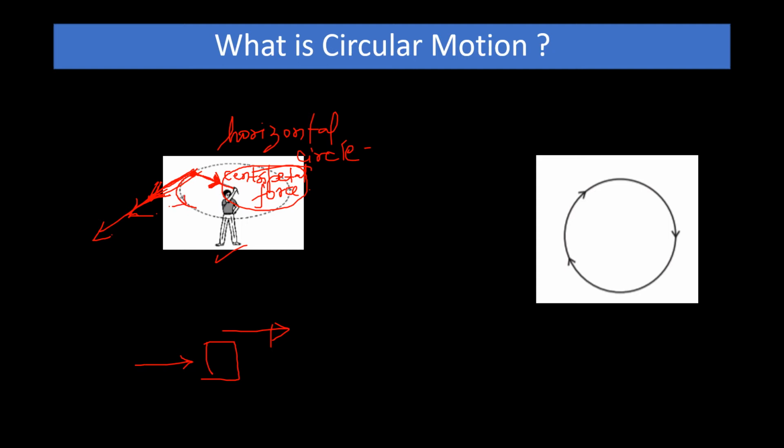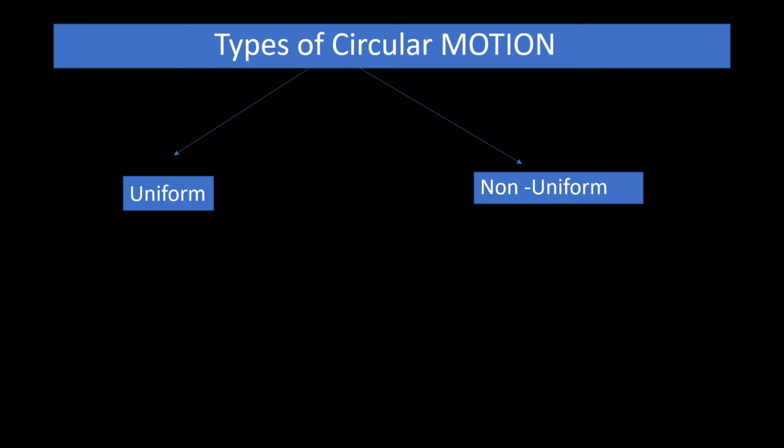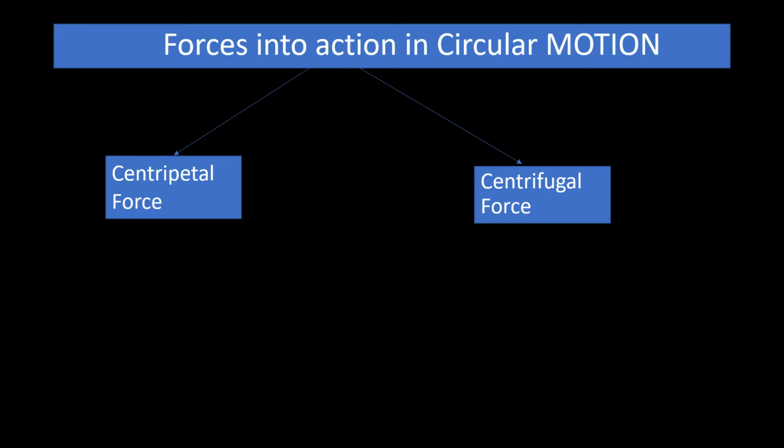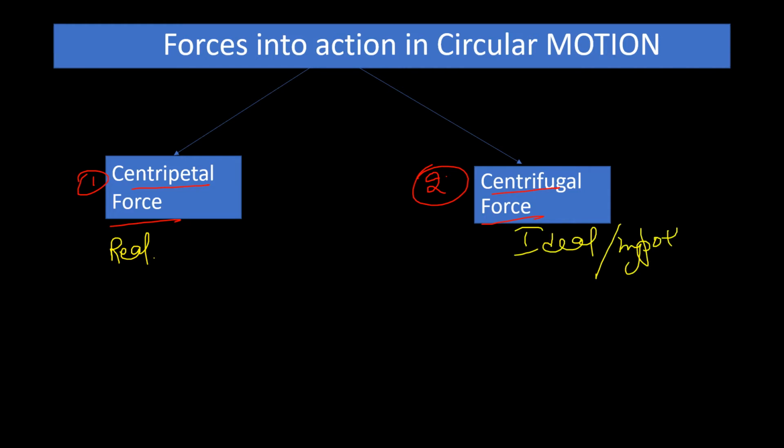Right. So let us move ahead and look at the different forces that come into the picture when we talk about circular motion, guys. We have two forces here, centripetal force as well as centrifugal force. One thing you have to remember is that the centripetal force is a real force, and the centrifugal force is a kind of hypothetical or imaginary force, right?